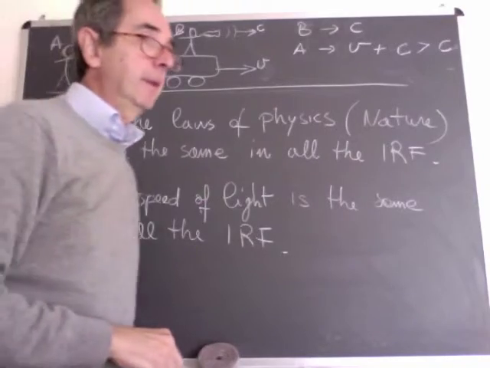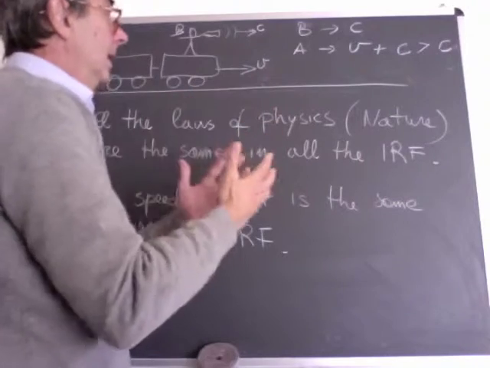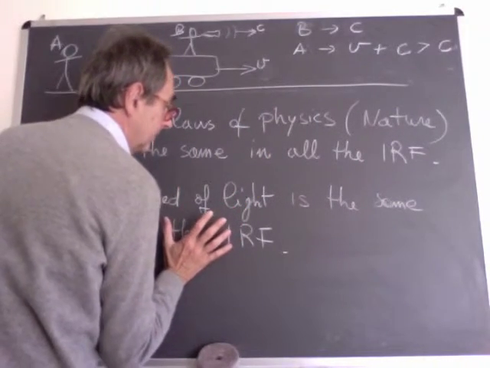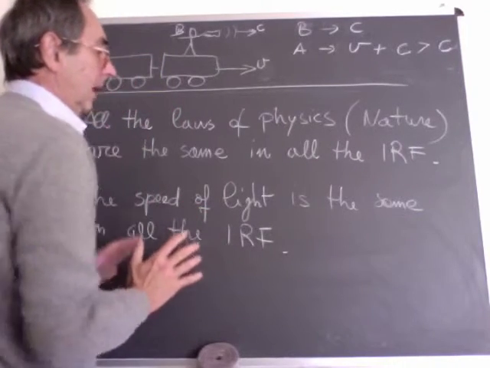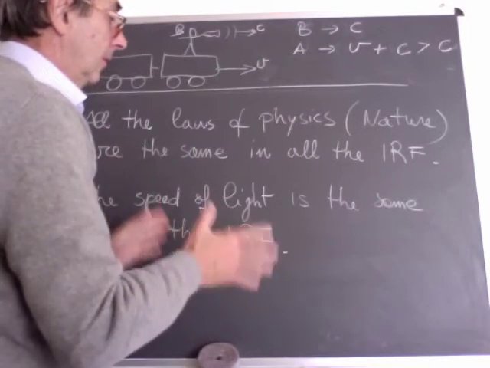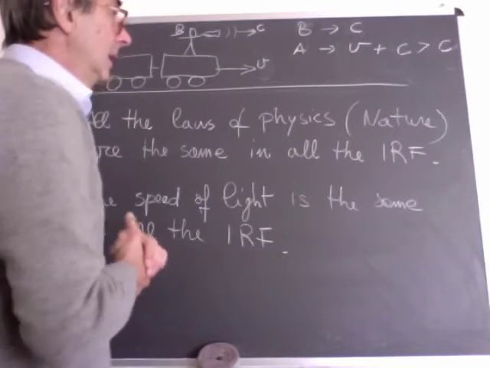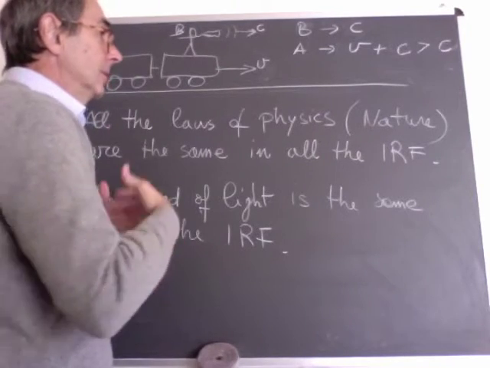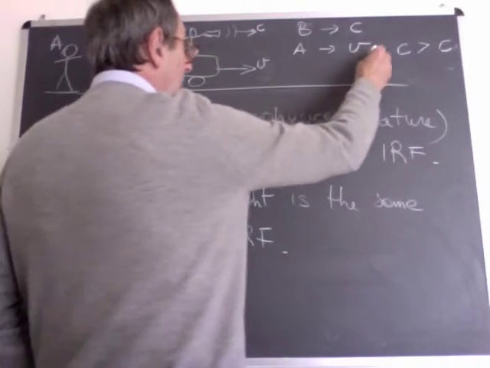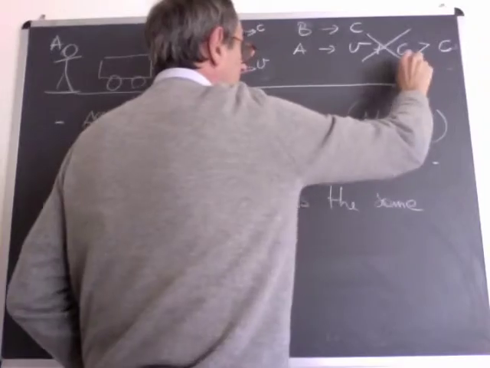So Einstein was so brave, so courageous, to say, okay, I want to maintain this fundamental postulate, the constancy of the speed of light for all the inertial reference frames, and on the other side, I will assume that this formula of addition of velocities is not true anymore.